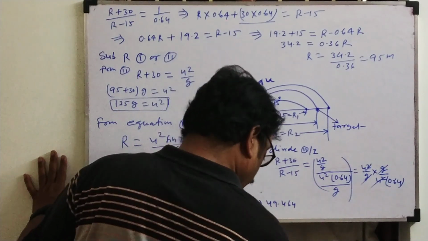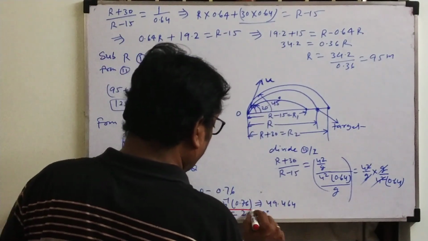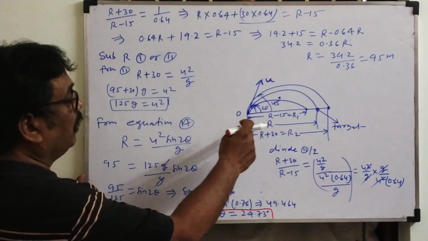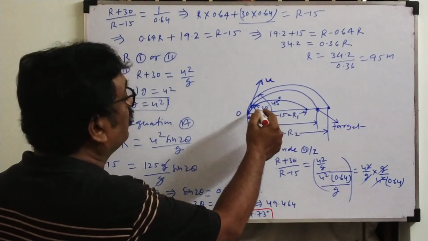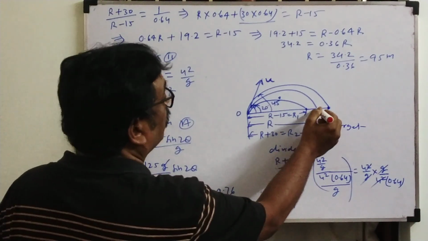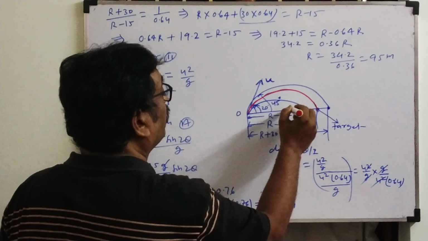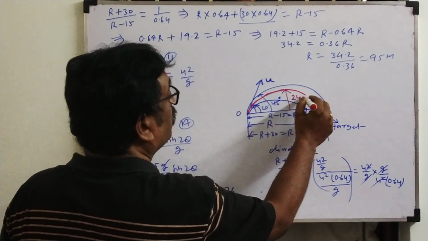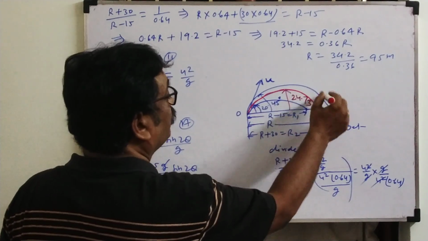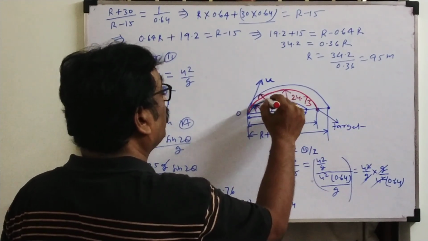So what do we observe here? If they throw the ball at an angle of 24.73 degrees, they will hit the target. That is the angle we got now. This angle is 45, this angle is 20.